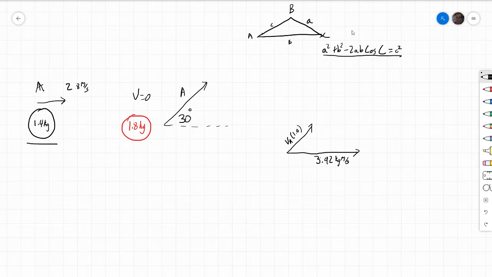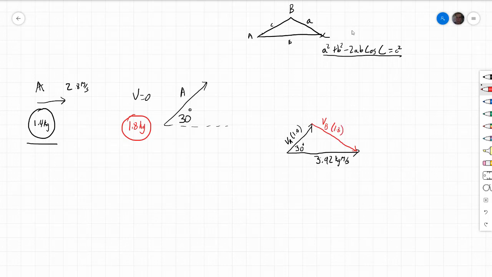And I know this angle is 30 degrees. Well, why is that helpful? Well, if I know that vector, I know that the vector for ball B has to, vectors are added tip to tail, has to add up with that vector to be what it started as. So this is VB times its mass, which is 1.8.